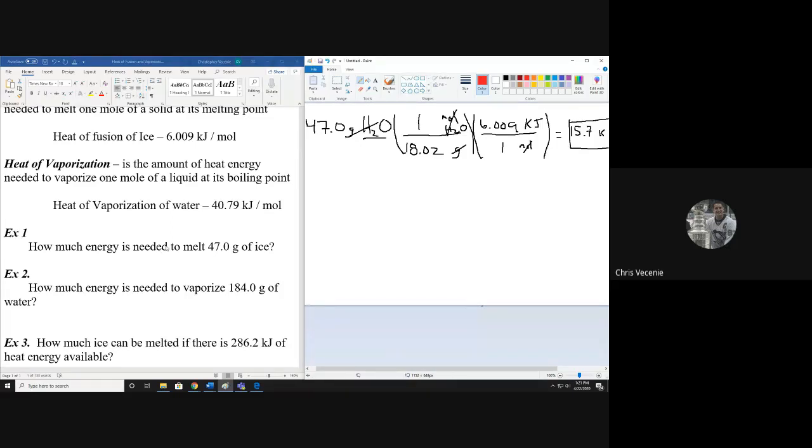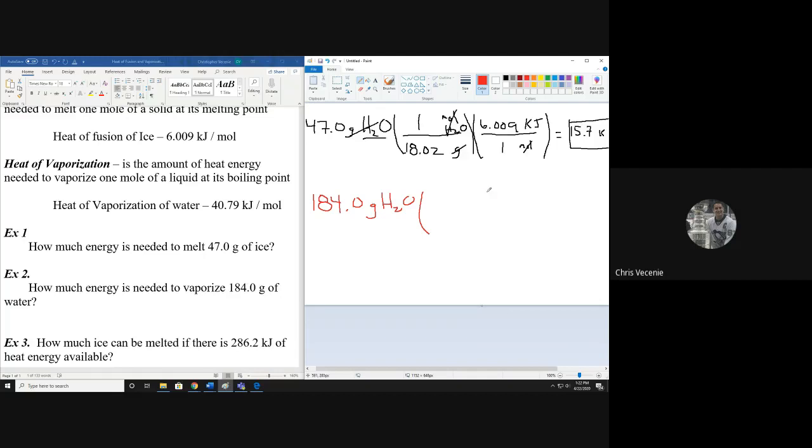All right, so number 2 wants to know how much energy is needed, this time to vaporize 184 grams of water. All right, so we're starting out the same. Start with what you're given. And this time, we're going to get it some moles.